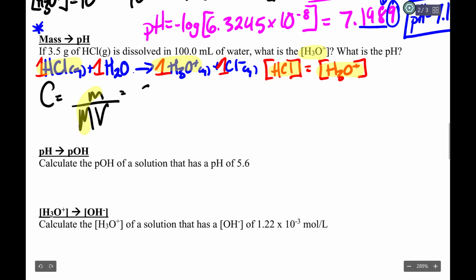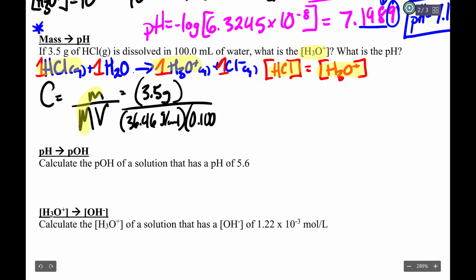The mass of HCl is 3.5 grams, and the molar mass of HCl is 36.46 grams per mole. Converting the volume into liters, it would be 0.1000 liters, because this has 4 significant digits. Double bracket the bottom, and I get an answer of 0.95995 moles per liter.